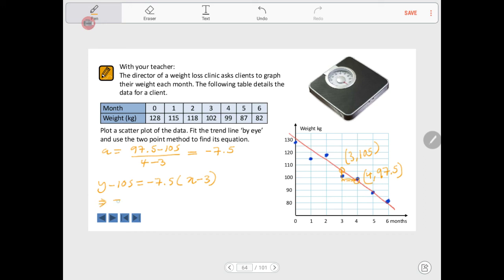Okay, so rearranging this, first expand those brackets, so y take 105 equals negative 7.5x plus, now 3 times 7.5 is 22.5.